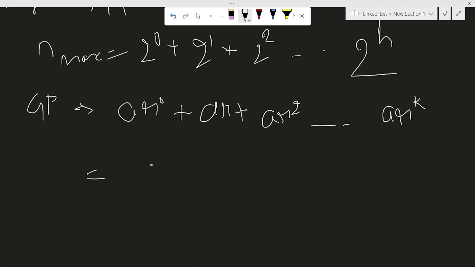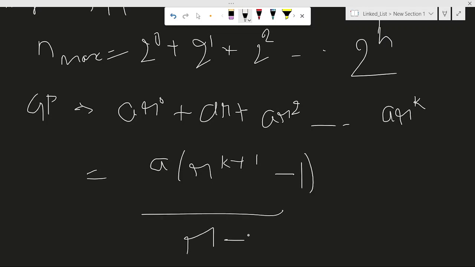It will be simple; you would have learned this in your PU or even in 10th. It is a into r to the power of k plus 1 minus 1, divided by r minus 1.